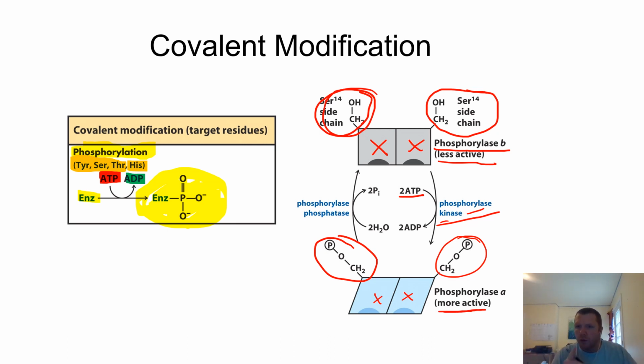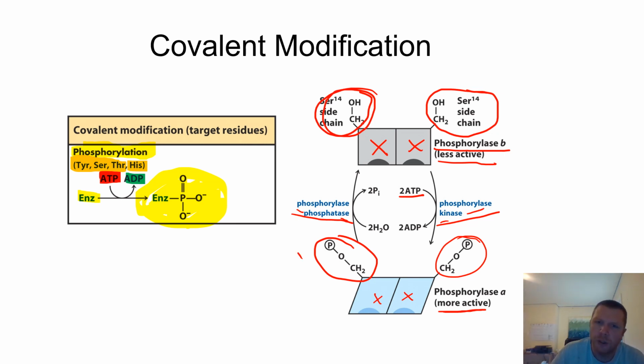Now, one thing that's worth noting is just because something gets phosphorylated does not mean that it is the more active form. In many cases it is, but not across the board 100%. Okay, so then we have another enzyme that regulates in the opposite direction. Phosphorylase phosphatase removes these phosphate groups from serine number 14.